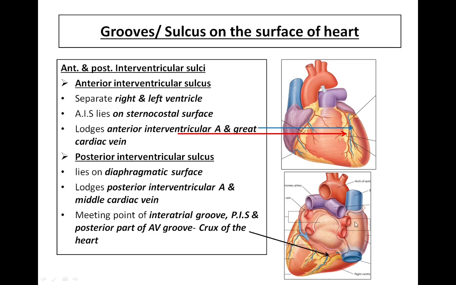Now this is the right atrium, this is the left atrium. In between these two, there is an ill-defined sulcus that is called the interatrial sulcus. So these three sulci meet at a point. This is called the crux of the heart.